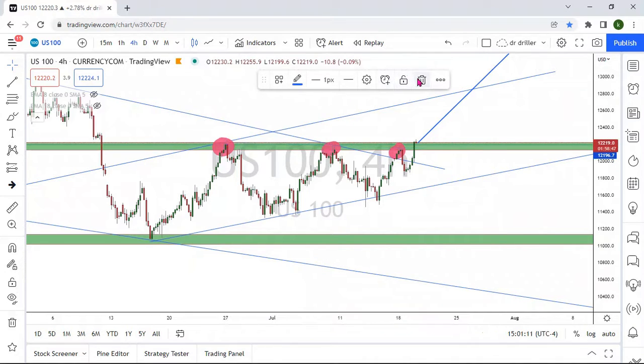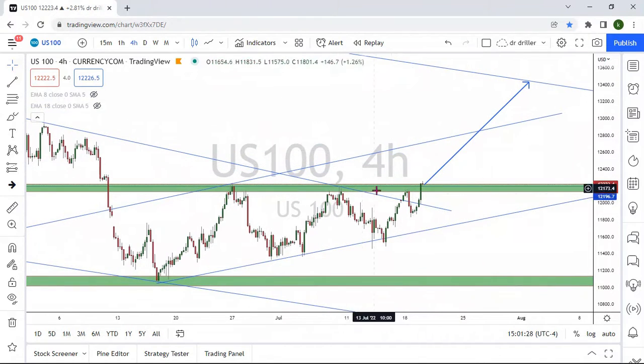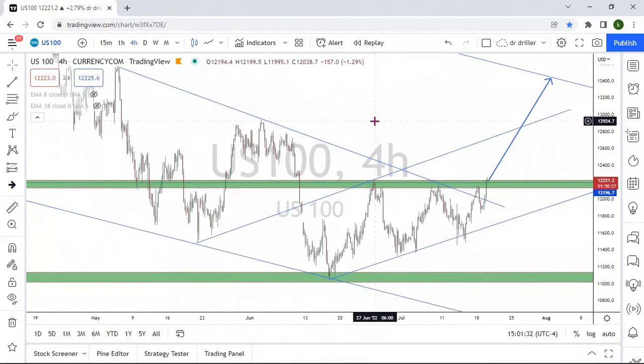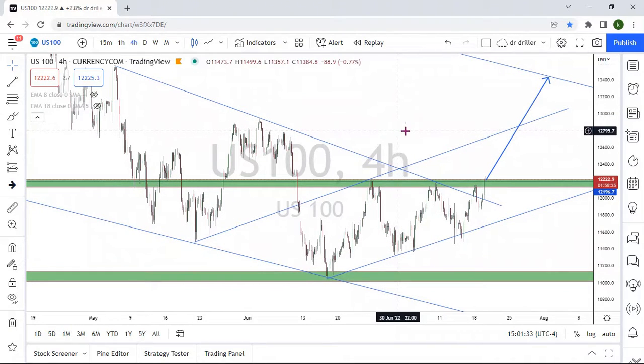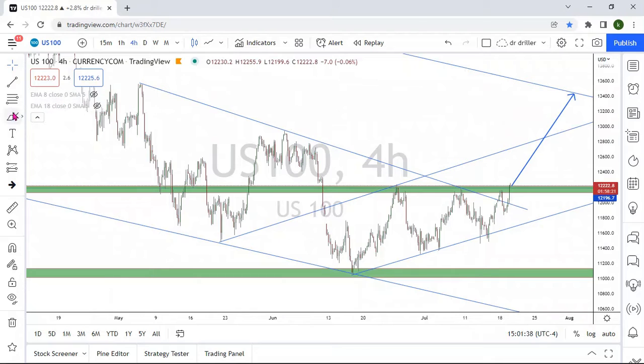Let me just clear a bit of my charts. So now I'm looking forward to buying opportunities, since this leg over here managed to break above that respected level from the previous market on the far left side, right?